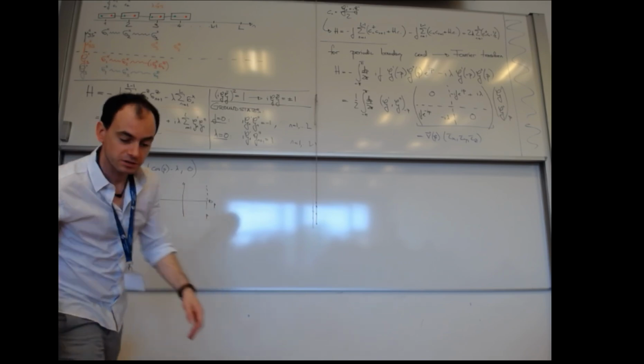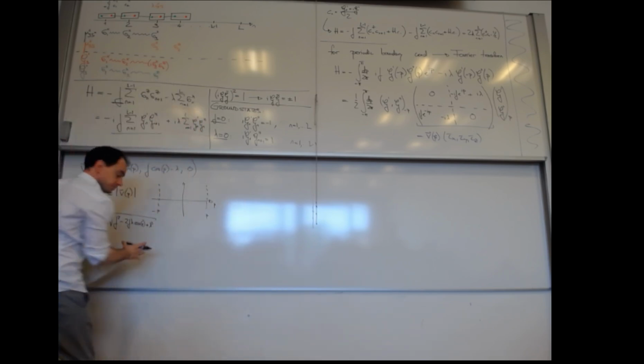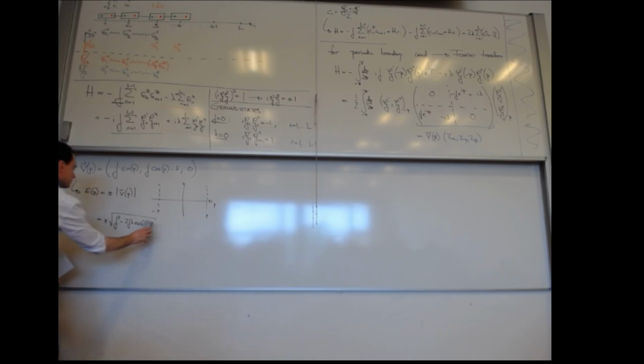I'm doing something wrong here. Let's do it step by step. This here is plus minus the square root of j squared sine squared p plus, and then I take the square of all of this, j squared cos squared p minus 2 lambda j cos p plus lambda squared.